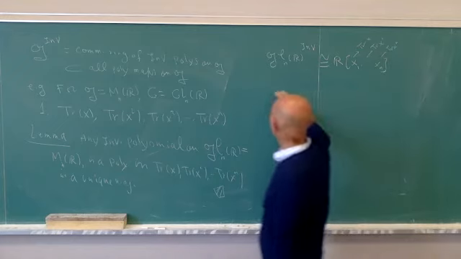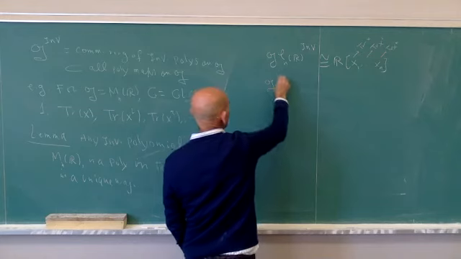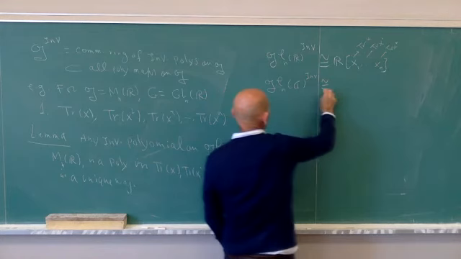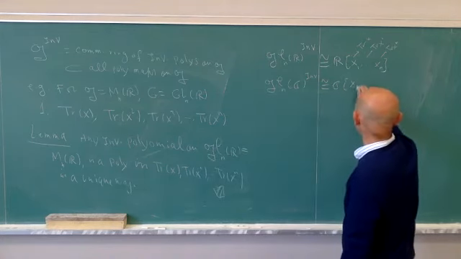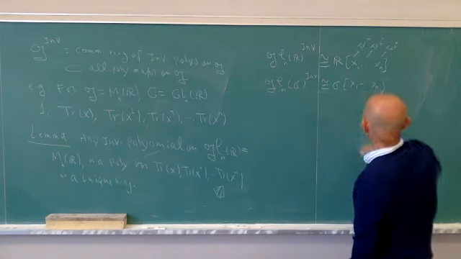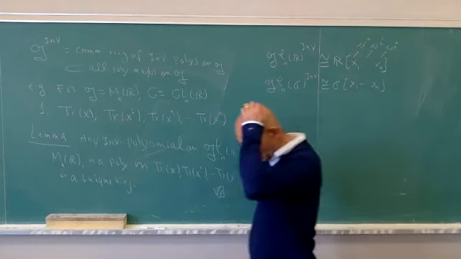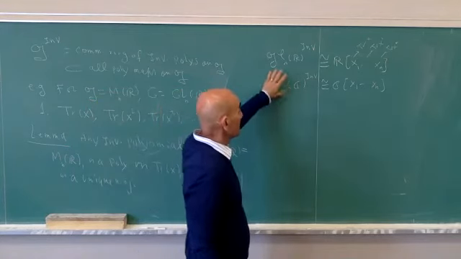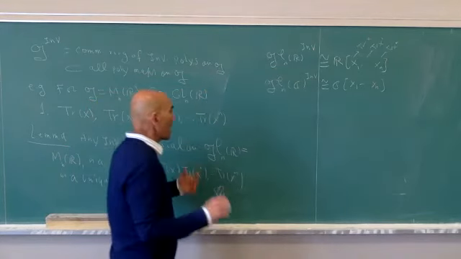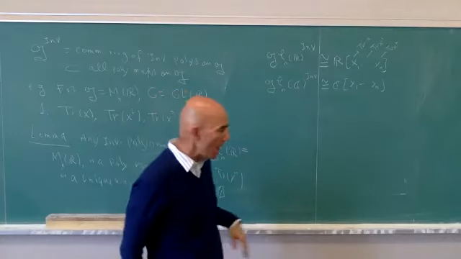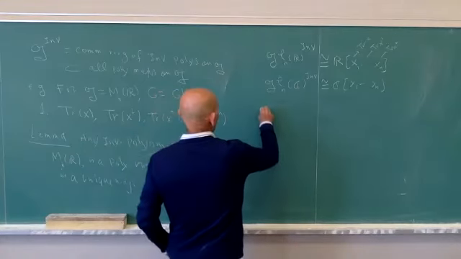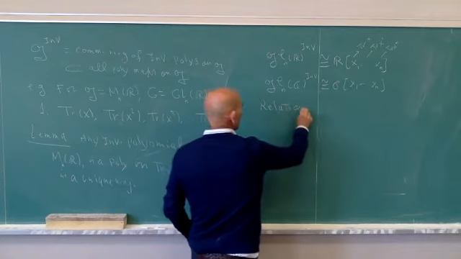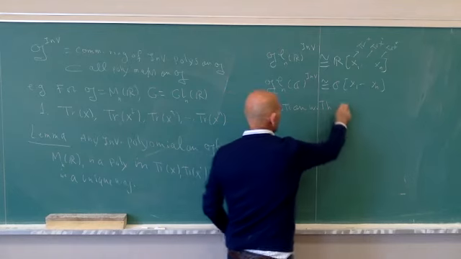We can do similarly for GL_n(C), the same proof goes. Invariant polynomials is isomorphic to the polynomial ring over C. Okay, so this is good, and this is basically the theory of Chern classes. Now let me explain why we need this. What is the relation with characteristic classes?